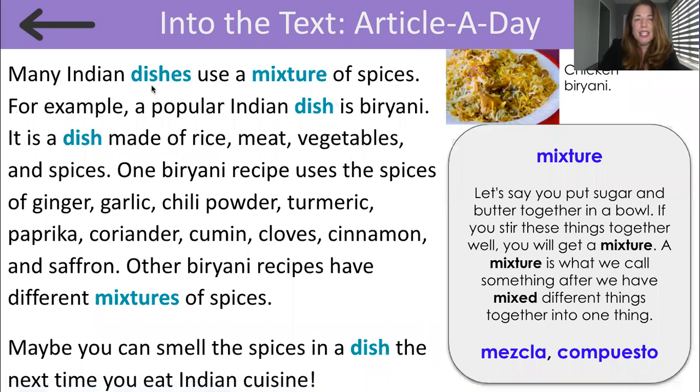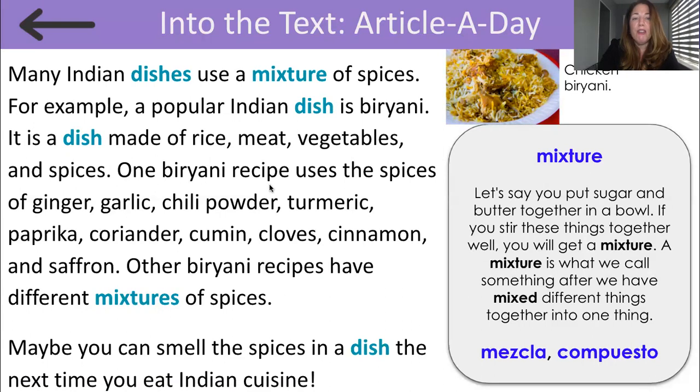Many Indian dishes use a mixture of spices. For example, a popular Indian dish is biryani. It is a dish made of rice, meat, vegetables, and spices.